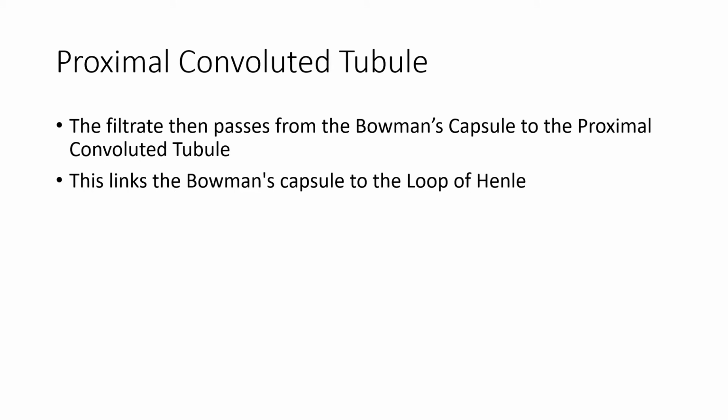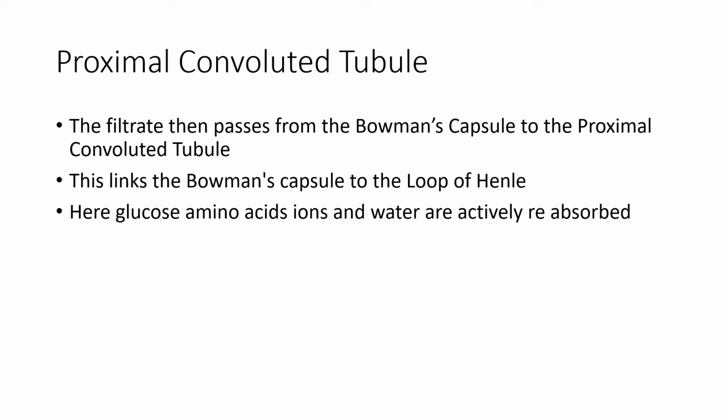Here, the filtrate that's passed out in the Bowman's capsule contains a lot of things the body still needs. It's very indiscriminate, it's just pure force, just pushing things out of the blood. So you'll have lots of glucose, lots of water, lots of ions, lots of small molecules. The body still might want these.